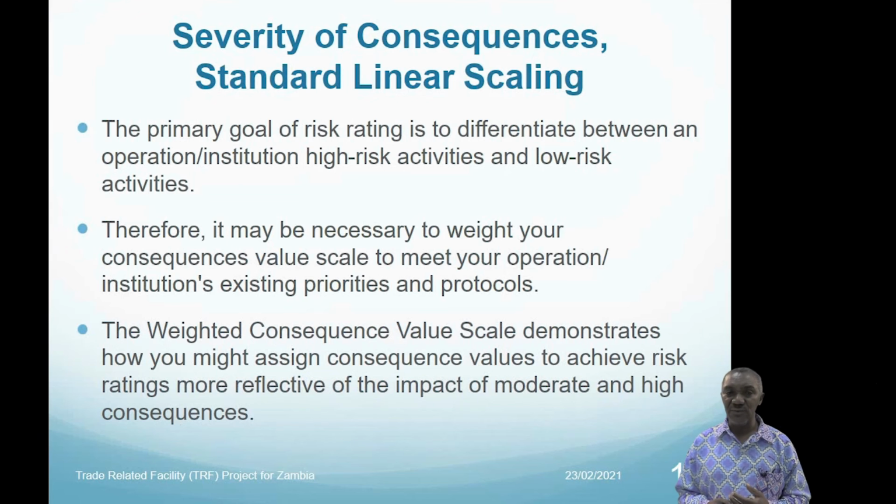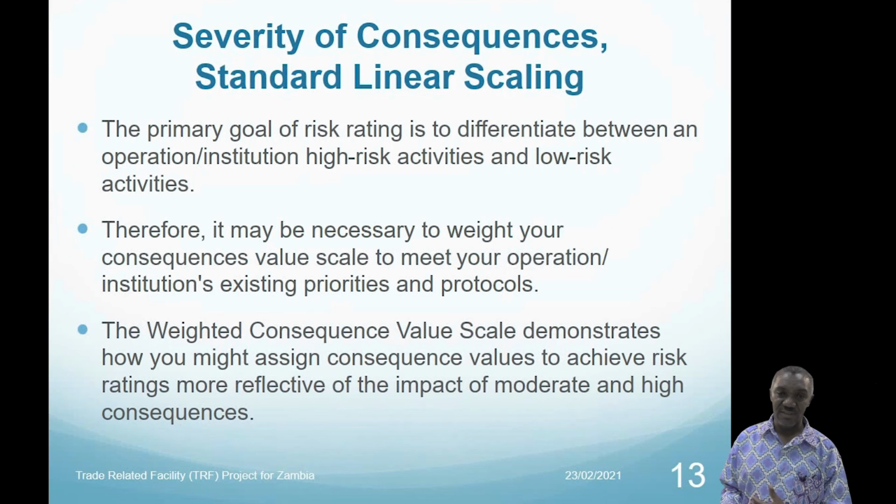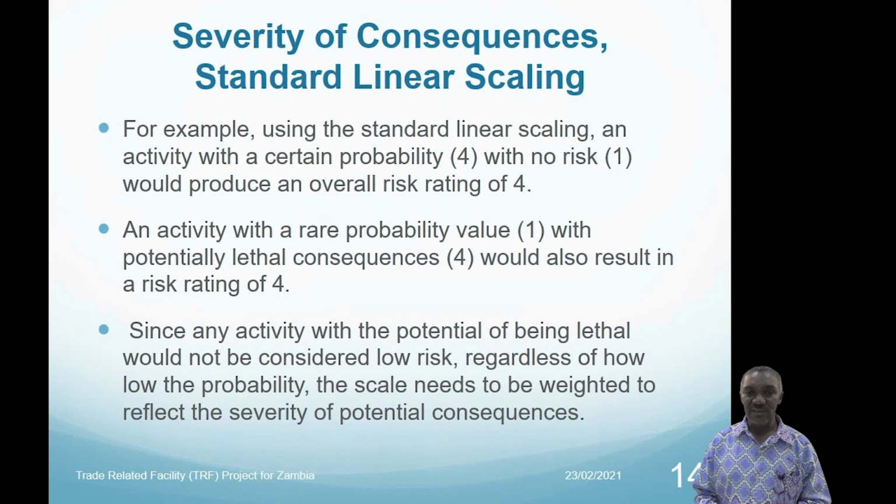So what you may want to do is put some weighting on the consequences, so that those hazards which have a low likelihood of exposure but, if they occurred, a high magnitude of consequence, are differentiated. Instead of using the linear rating, you may want to put some weighting to it, just to differentiate.